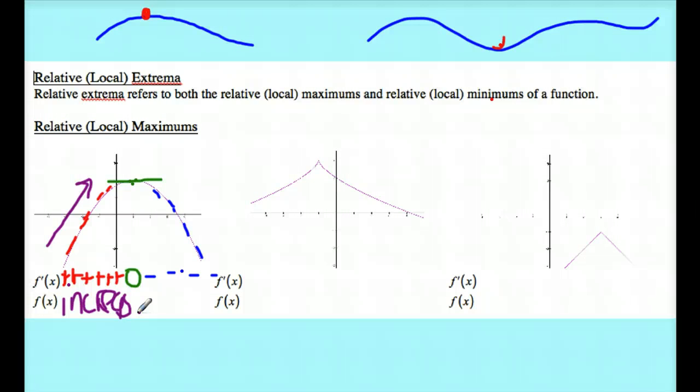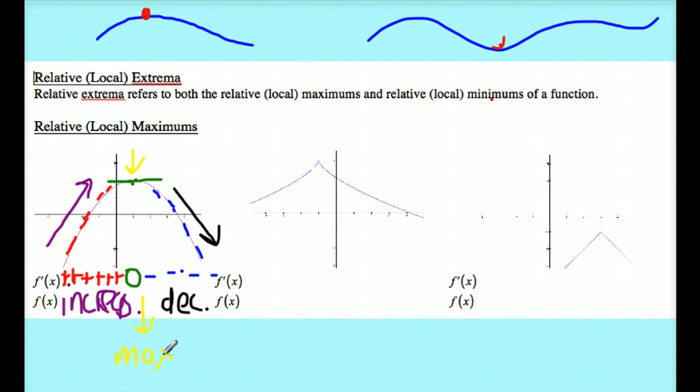And what would you say about the other side of this graph right here? It's decreasing, right? So this is decrease. I'll just put DEC. So that means something has to be happening at this point right here. And if you take a look, if it's going up and then going down, we're going to call this a maximum point.